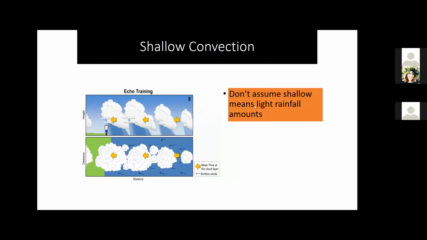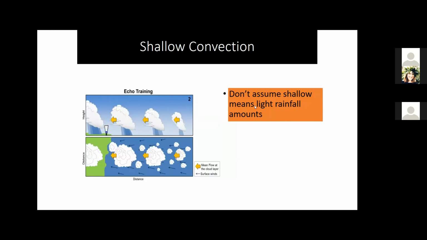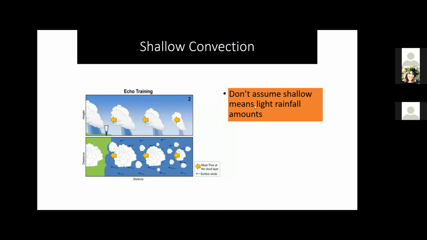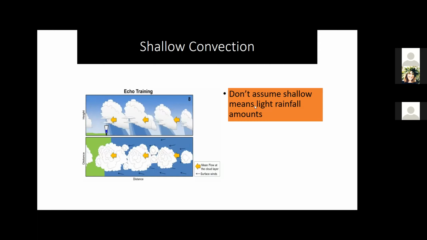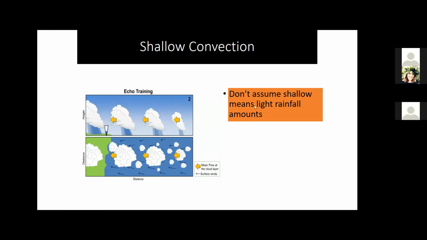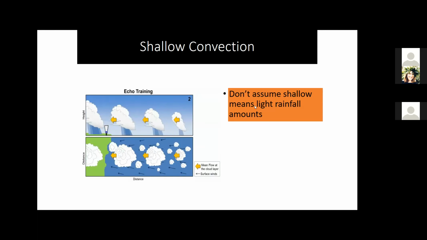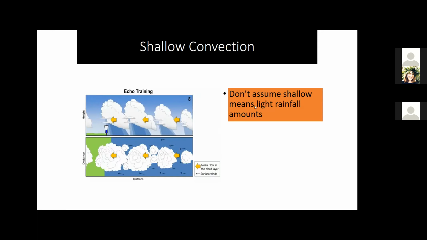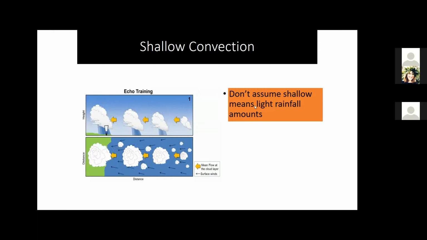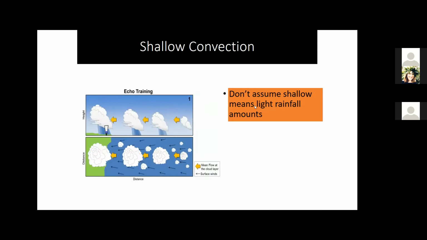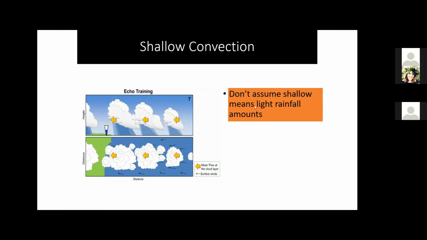Now, something that I would like you to keep in mind when you're looking at shallow convective development is that having shallow convection doesn't mean that you're not going to get heavy rainfall amounts. That's particularly the case whenever you have an echo training event. Shear line convergence tends to be a very good example of an echo training pattern that can produce heavy precipitation.